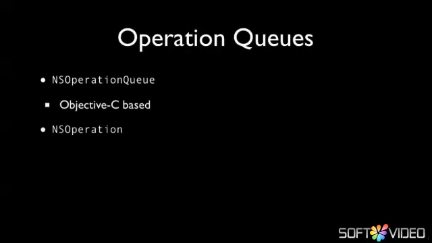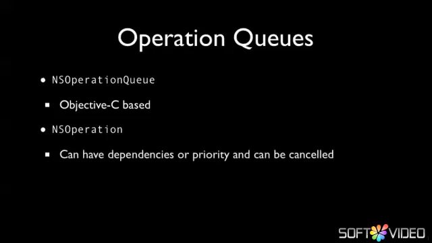So how do operation queues look? As I stated before, we have the NSOperationQueue class. It's Objective-C based. And we have an NSOperation class, which can have dependencies or priority and can also be cancelled, should we wish to cancel an operation or give the user the chance to cancel an operation.